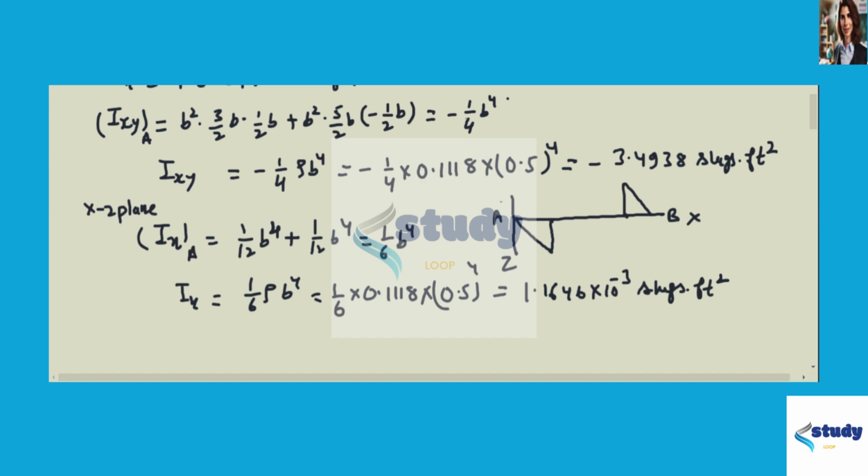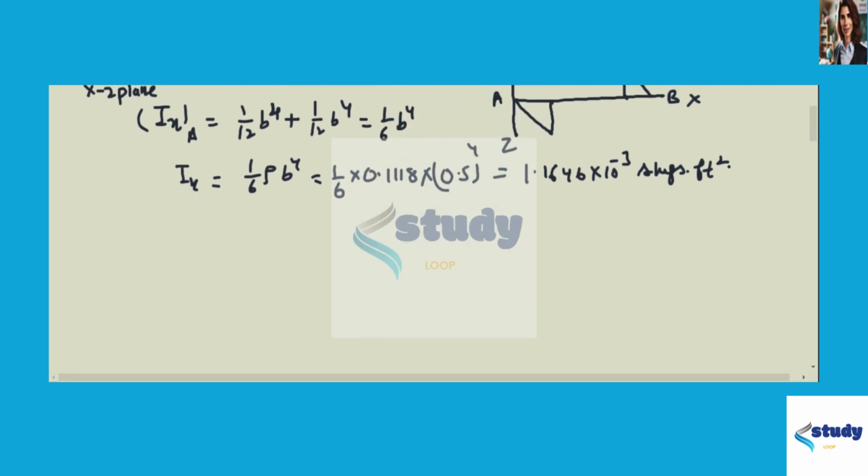For calculation, Ixz, you can directly, I am writing here, not doing the calculation here, I am writing. So Ixz, you will get minus 5 by 12 b to the power 4.